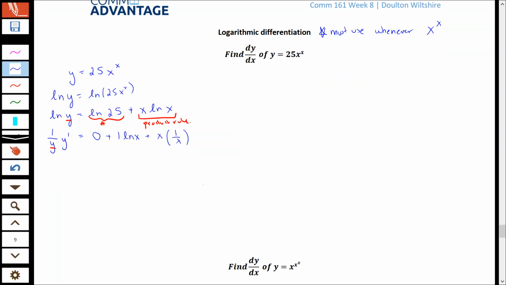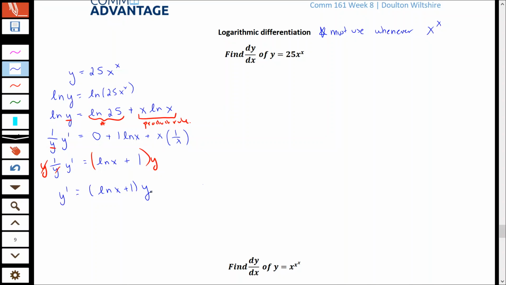So just to simplify this, we've got 1 over y times y prime is equal to ln x plus 1. And just like before, now we don't have to factor out the y primes because there's only a single y prime in this problem, but we do need to get y prime by itself. So we're going to multiply both sides by y so that we can get rid of the y on that side, and we're going to have y prime is equal to ln x plus 1 times y.